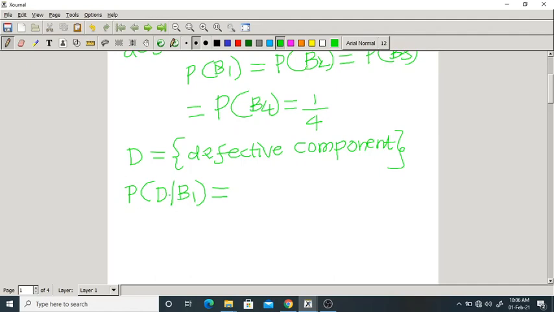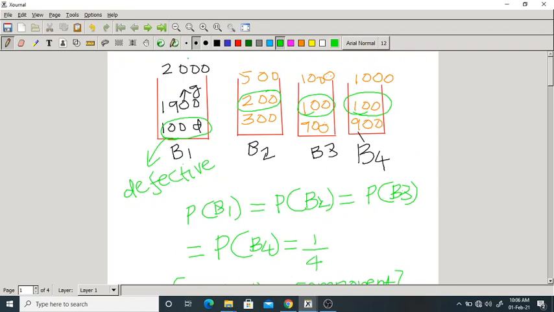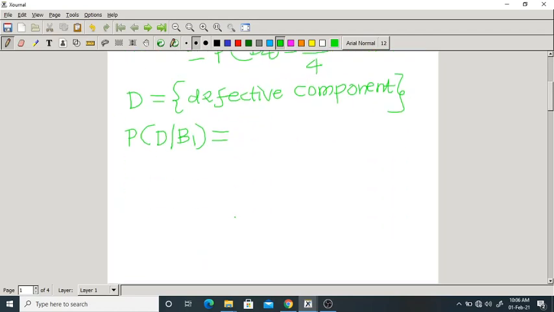This is a conditional probability, where the partial information is that we are selecting a component from the first box. Now if you go to the first box, the total number of components is 2000. Among 2000, how many are defective? 100. So the probability of getting a defective component from the first box is 100 by 2000.